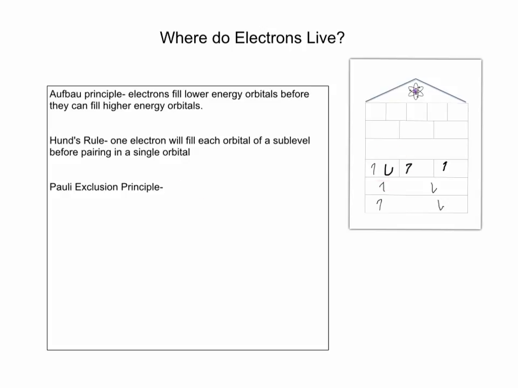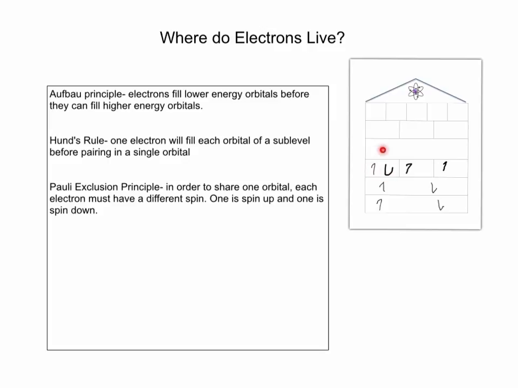And in order to share an orbital, each electron must have a different spin. One is spin up, and one is spin down. And this is what I meant by these arrows before pointing up or down. An arrow pointing up means the electron is spin up. An arrow pointing down means the electron is spin down. And electrons must have opposite spins in order to exist in the same orbital.